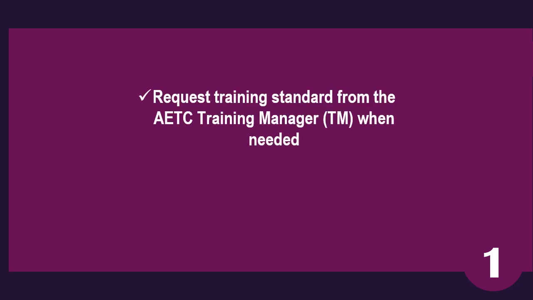The training standards for supplemental courses are not published on EPUBs, so you would need to get with the AETC training manager for the course. Additionally, sometimes training standards are updated due to Air Force needs and the page or line item changes have not yet been published. So after you pull the current training standard, you will want to verify with the AETC training manager that you have the correct standard the course is currently teaching.